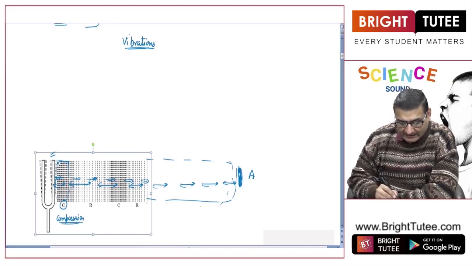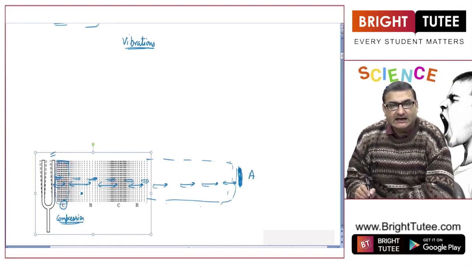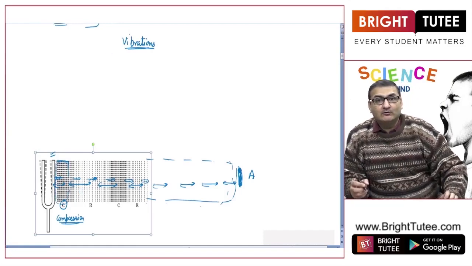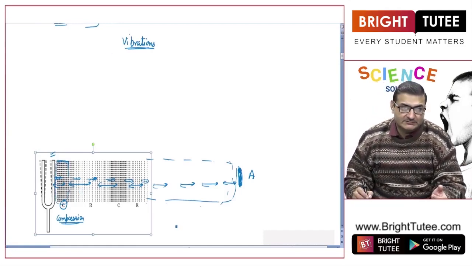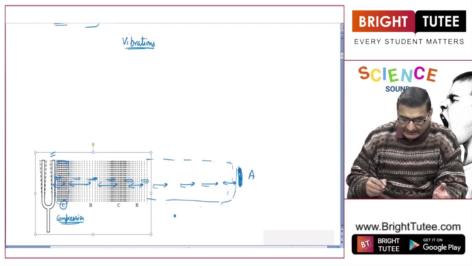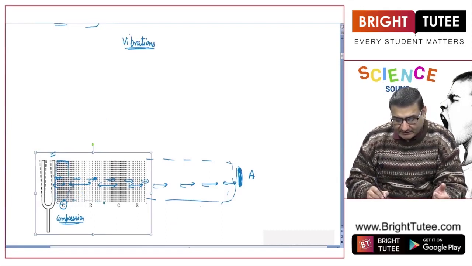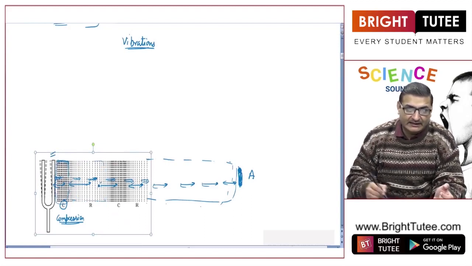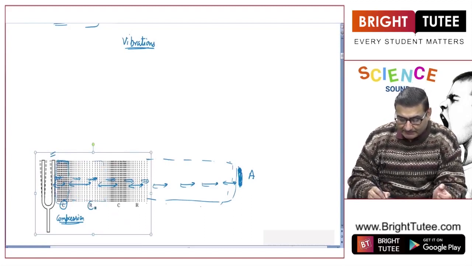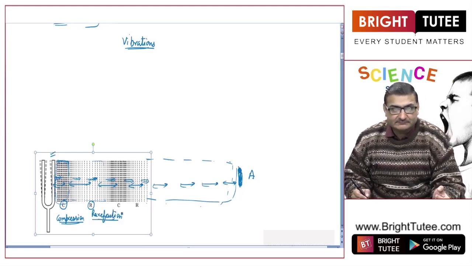Compression is that part of air where the particles are comparatively closer to each other as compared to the normal arrangement. Fine. And the part where there is a reduction in the density of the air or the particles is known as rarefaction. I repeat, that is known as rarefaction.